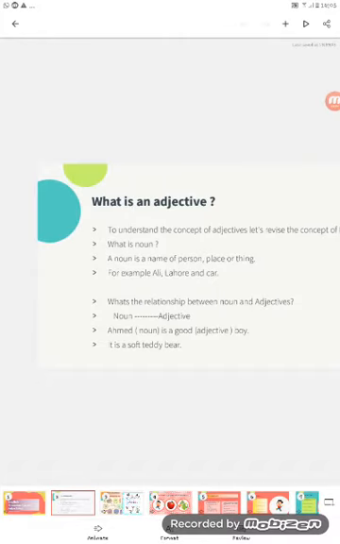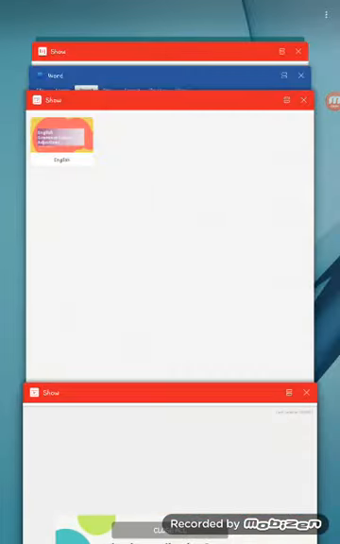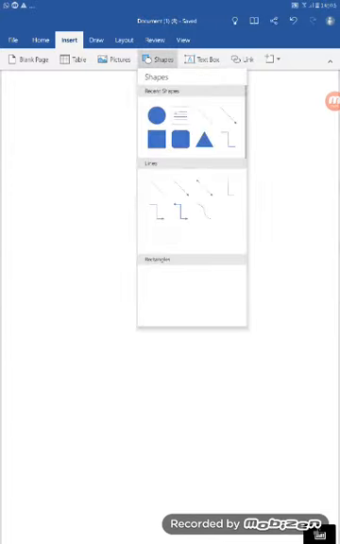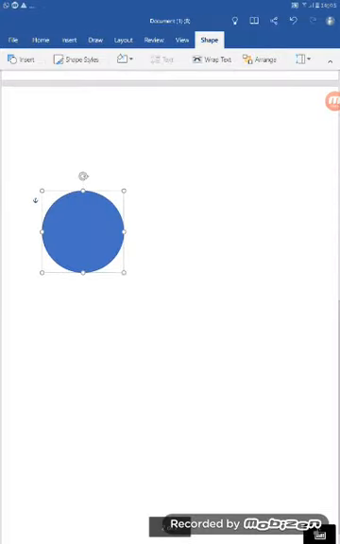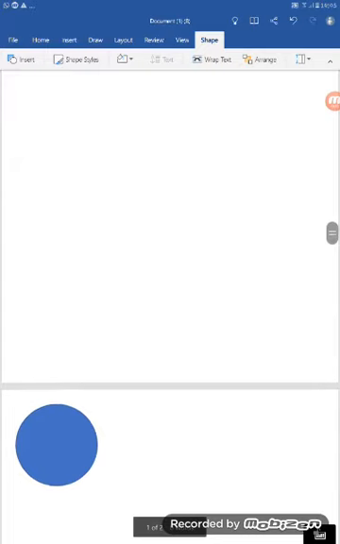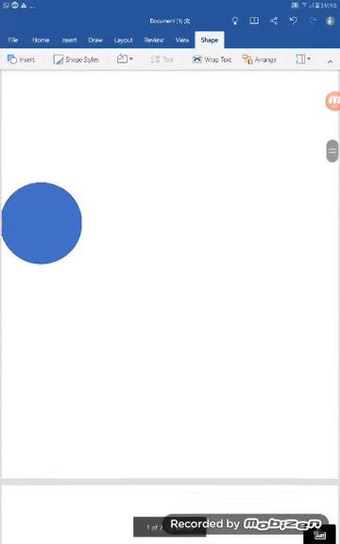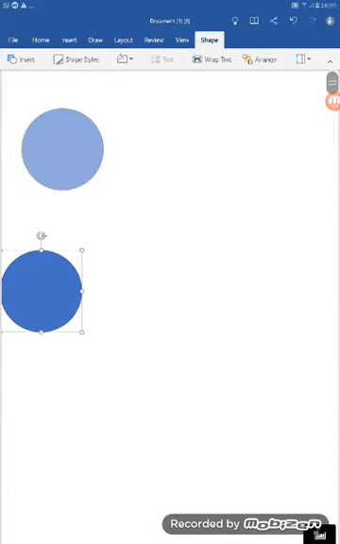Let's take more example. For that we're gonna draw. Let's draw. First we are going to insert a shape. Okay. We take a round shape.